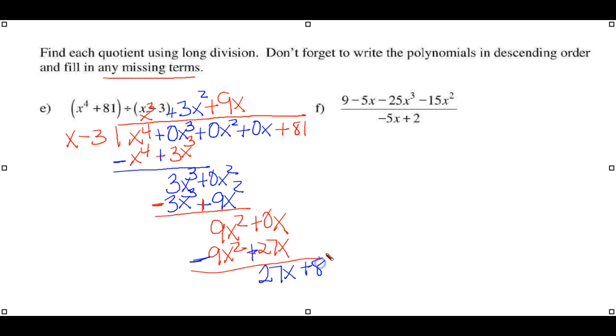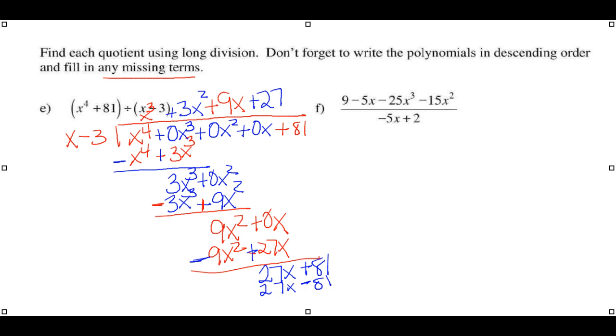Bring down my 81. Now x goes into there 27 times. X times 27 is 27x. And 3 times 27 is a negative 81.